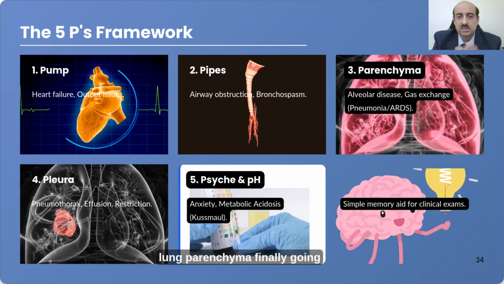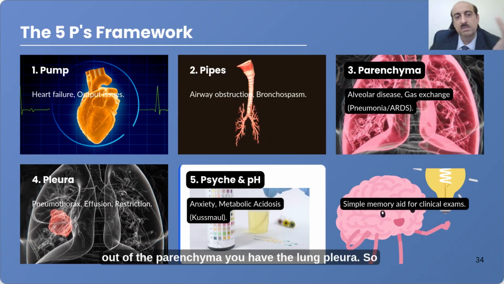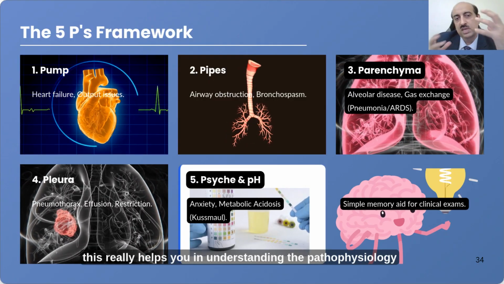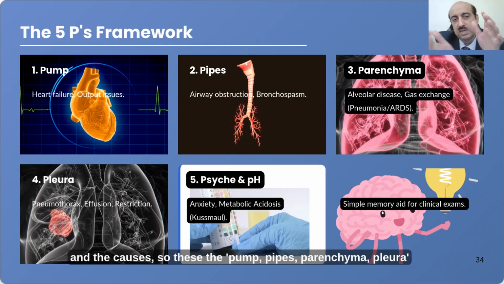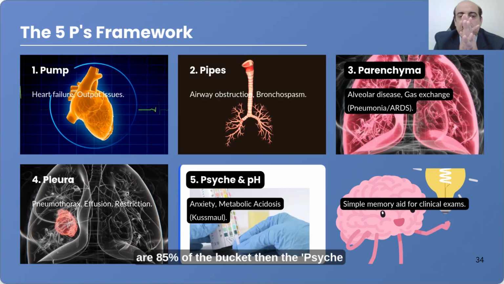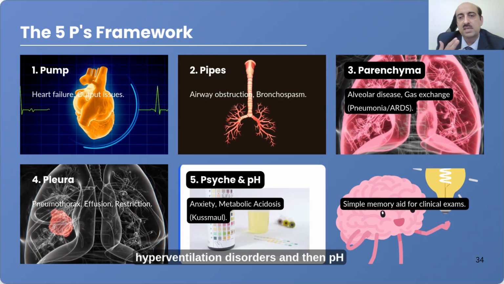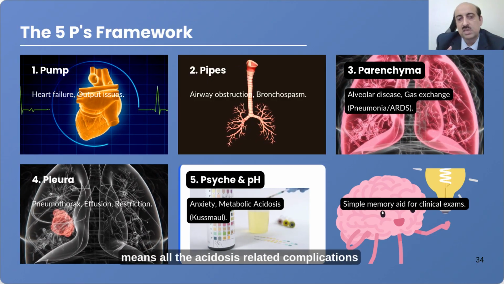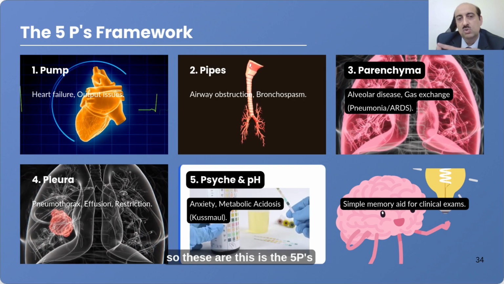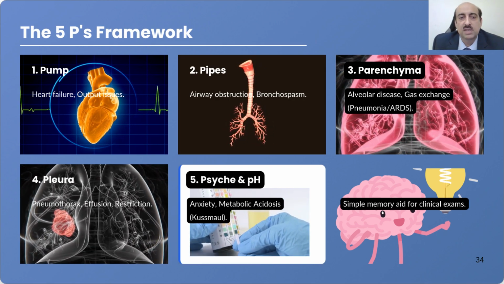Finally, going out of the parenchyma, you have the lung pleura. So this really helps you in understanding the pathophysiology and the causes. So the pump, pipes, parenchyma, pleura are 85% of the bucket. Then the psyche and pH: psychological causes, anxiety, hyperventilation disorders, and pH means all the acidosis related complications. So this is the 5P framework for acute dyspnea.